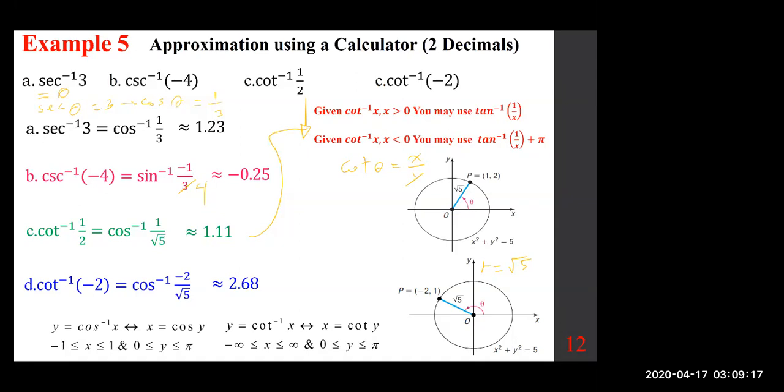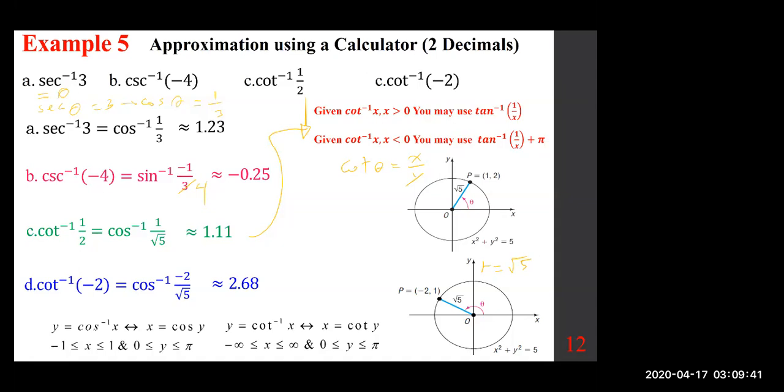However, if you want to go with tangent, it really depends on the value of x. If cotangent is positive, you can go with simply the reciprocal for tangent. But if it's not, you go with the reciprocal, and whatever the answer is, you have to add pi. Okay? And why is that? I want to make sure everybody understands.